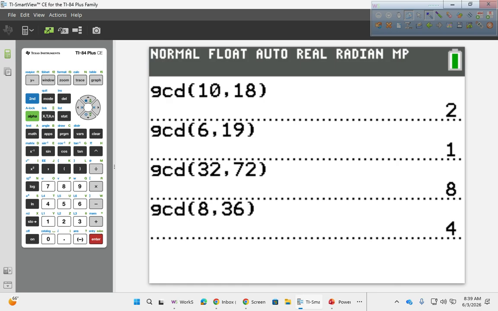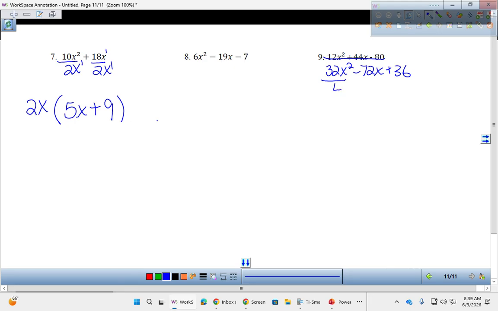So do they have a GCF? It's not x, but it's 4. So I need to divide a 4 out of all of these.